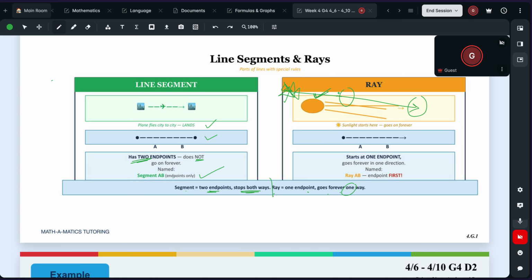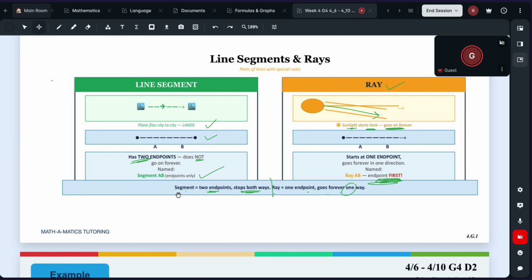To represent the rays of the sun, we can use the concept of a ray that has been introduced to us by mathematics. Sunlight starts here, goes on forever in one direction, so a ray would be perfect in this case. It starts at one endpoint, goes forever in one direction, named ray AB, endpoint first. That's a rule.